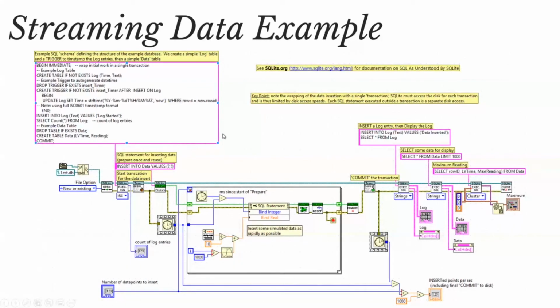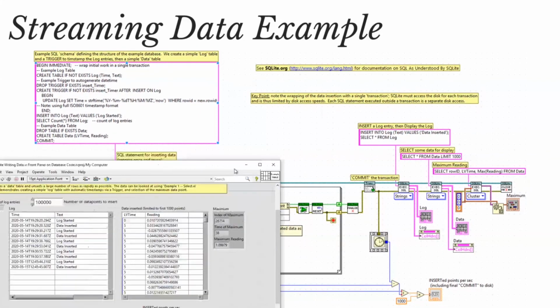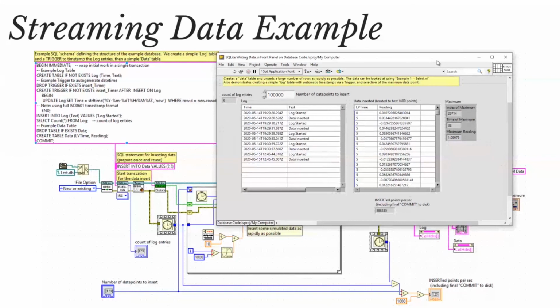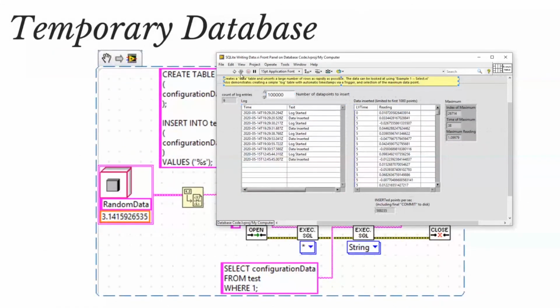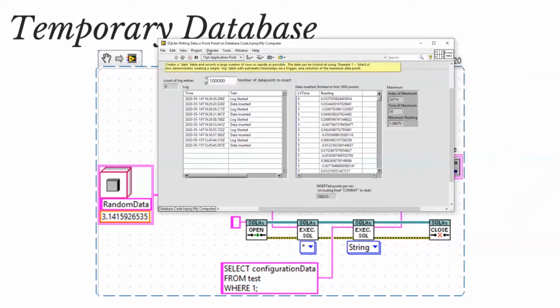So for this next example, I want to show you streaming data to a database. So this is something which I do. I'm going to show you James Powell's example, which you will find in the example finder, where you download his toolkit. Essentially here, I'm going to save, let's say, 1 million data points into a database.